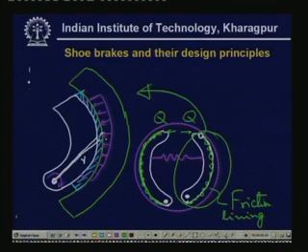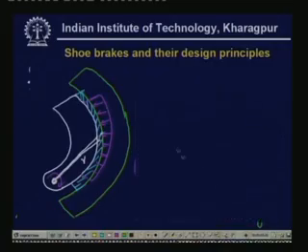So, this deformation could be seen as follows.